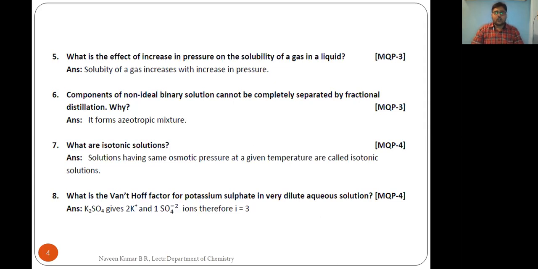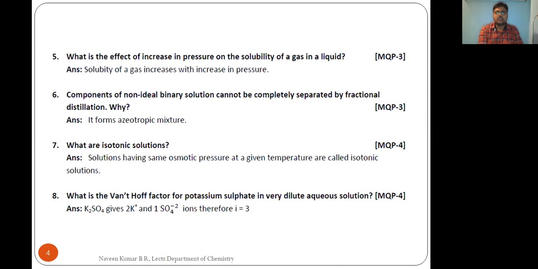Now think about non-ideal binary solutions, which cannot be completely separated by fractional distillation. If they have only a slight difference, fractional distillation will separate the liquid mixture. But these non-ideal solutions cannot be separated even by the fractional distillation technique. So what is the problem? We'll give the significance of what a non-ideal binary solution exactly is.